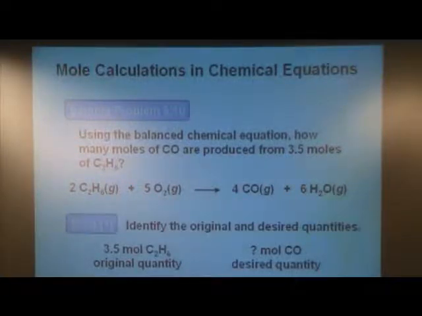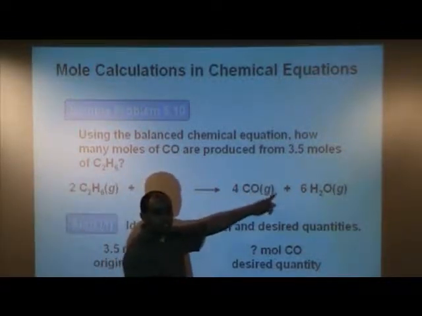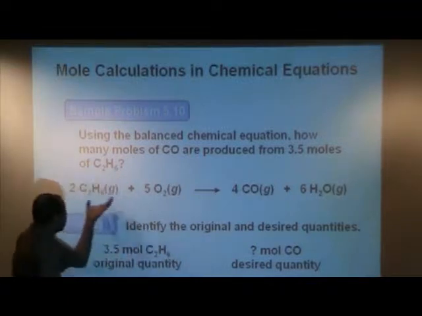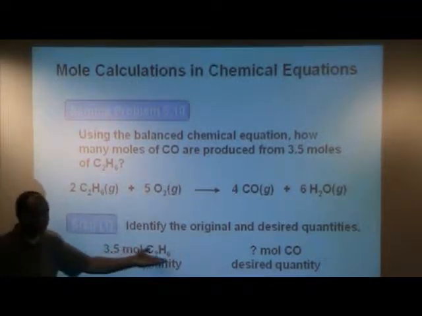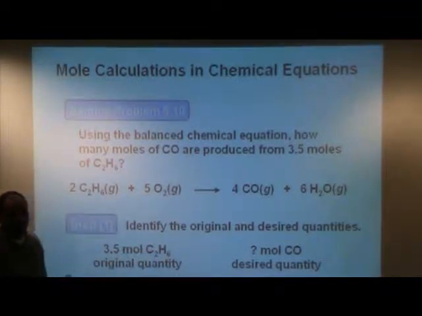Now, here is the thing, I want you to understand that balancing the equation is not just like a game. It's not because we like it. Because of balancing the equation, we are going to use it to interpret how many moles of carbon monoxide are produced if I have a given amount of C2H6 or ethane.